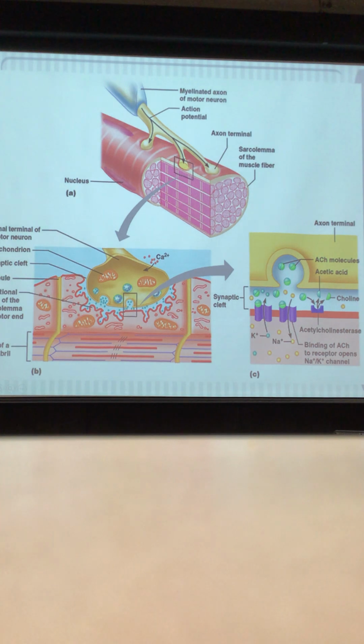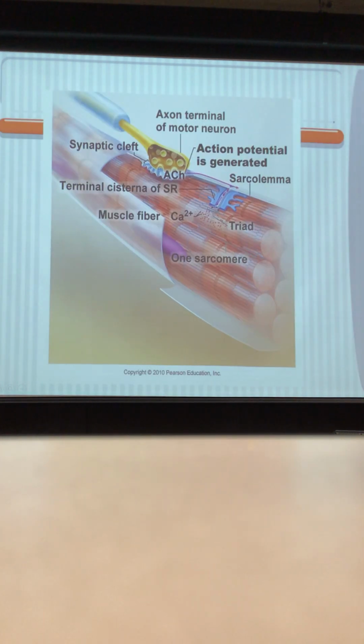It is only when the nerve impulse comes down, calcium comes in, these vesicles move to the end of the nerve, release acetylcholine, which crosses the synapse to deliver the nerve impulse to the muscle. I have other pictures to show you different views, but the steps are the same.